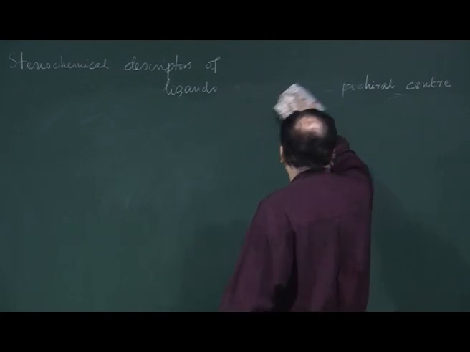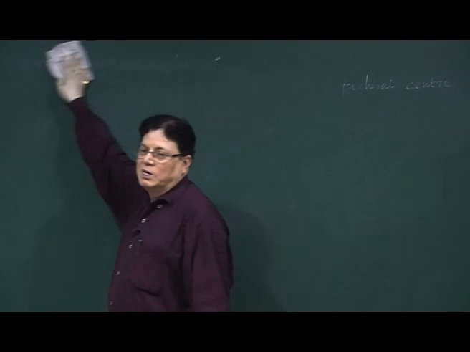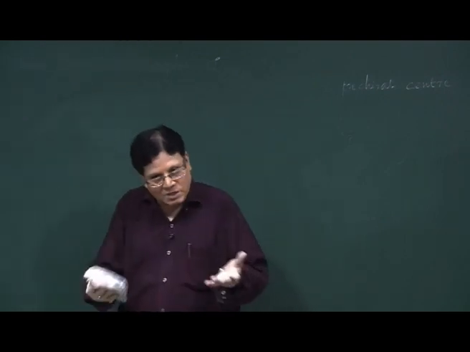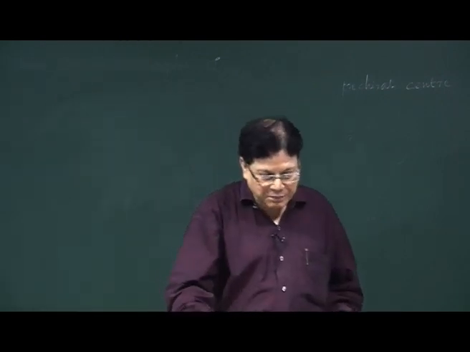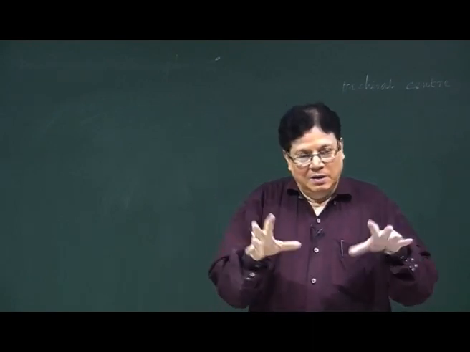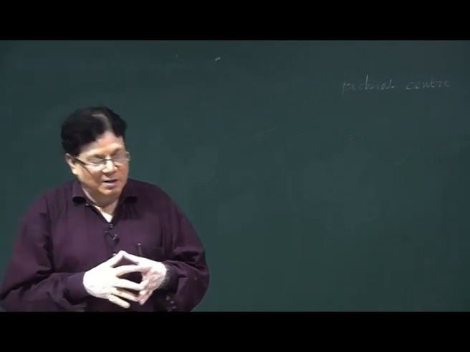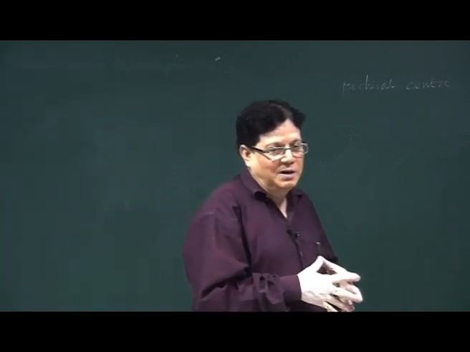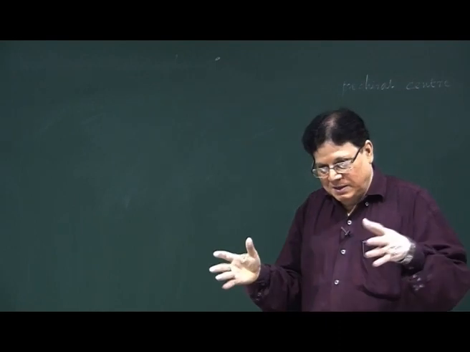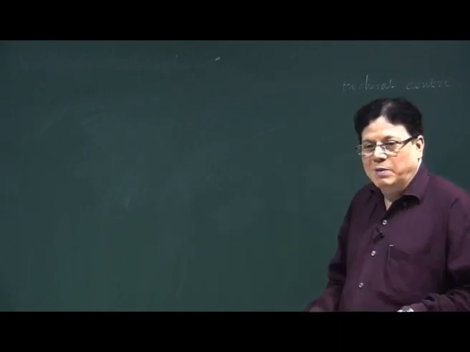So enzymes can discriminate between the pro-R and the pro-S hydrogen, and the way to describe this is to use this concept. So, that takes care of the stereochemical descriptors of stereogenic centers, then the ligands, and then the spaces, and more or less that takes care of that part.